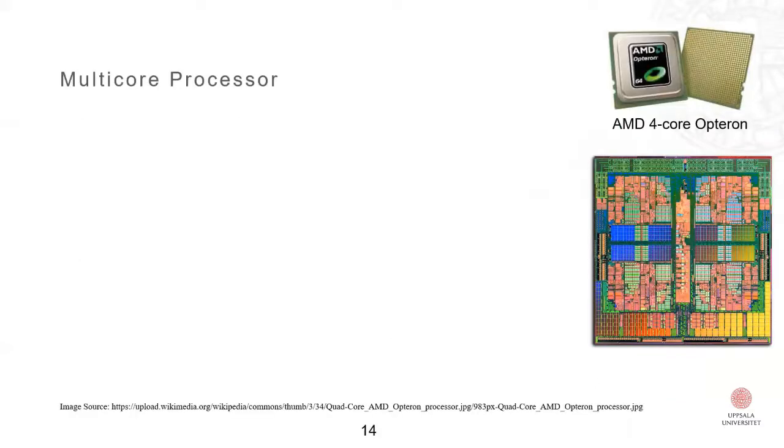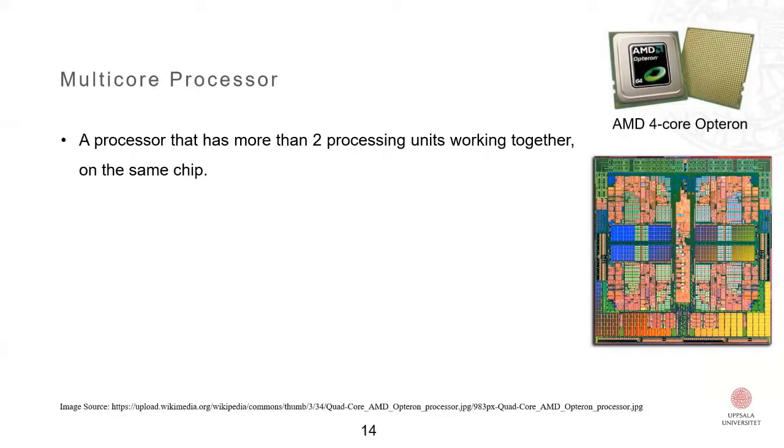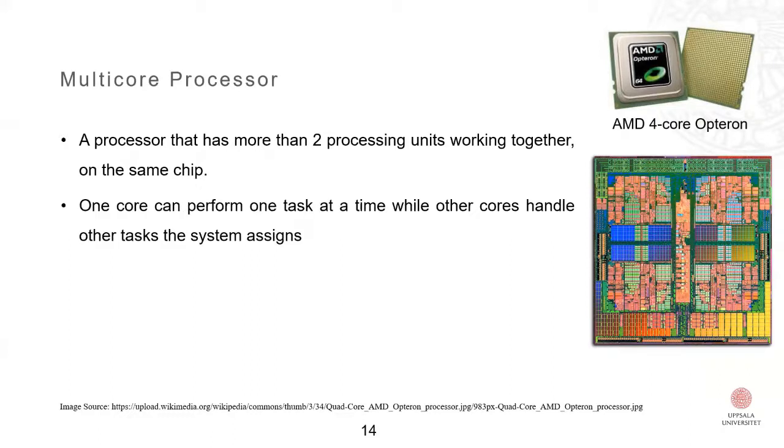So in a multi-core processor, we have a processor that has 2 or more processing units that work together on the same chip. These processing units are called cores. And one core can perform one task at a time, while the other cores handle other tasks. So we can process different things at the same time.